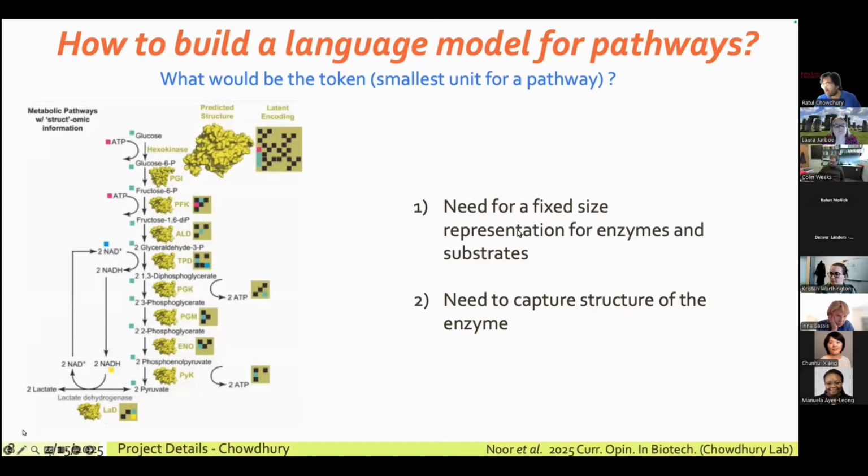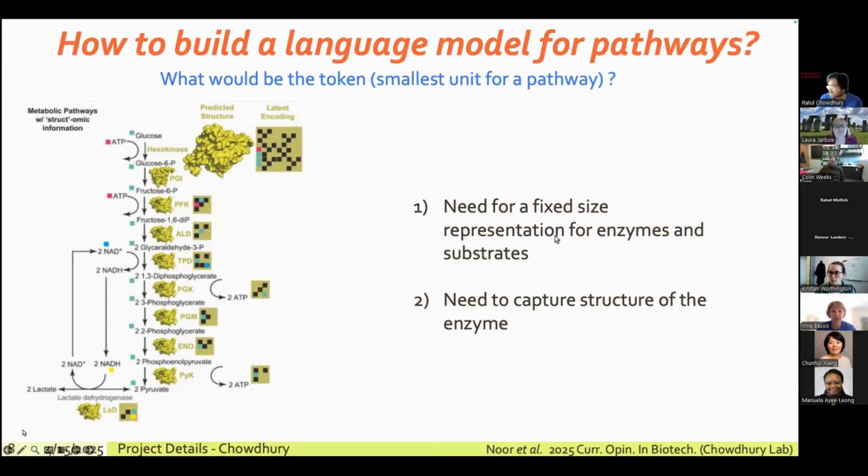The first thing we need for such an objective is to represent every word in this sentence using a fixed number of numbers, whether it's a 3-dimensional, 4-dimensional or 5-dimensional vector, no matter what that number is. For every reaction, you need to convert it to the same fixed dimensions. Otherwise, the learning process does not work.